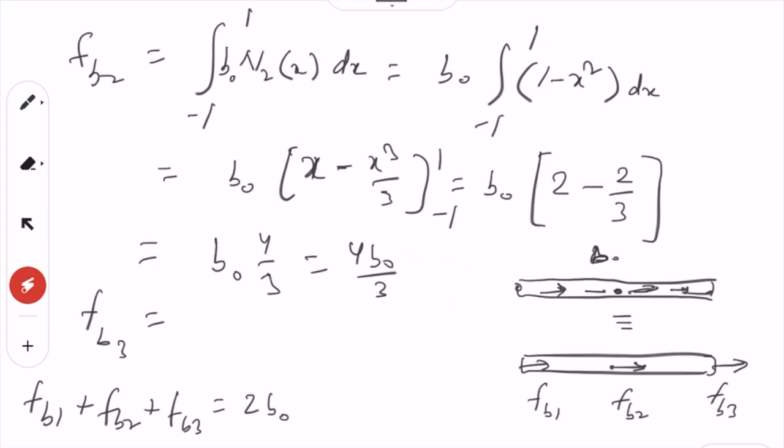So FB3 becomes equal to 2B naught minus 5B naught over 3, which is simply equal to B naught over 3 only.